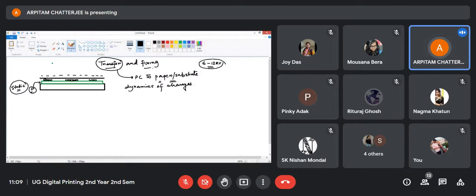This is actually an easier way, because you need a lesser charge for this also. And here, to ensure a good transfer, we also use a slight amount of pressure. A very small amount of pressure is used here to ensure proper transfer.